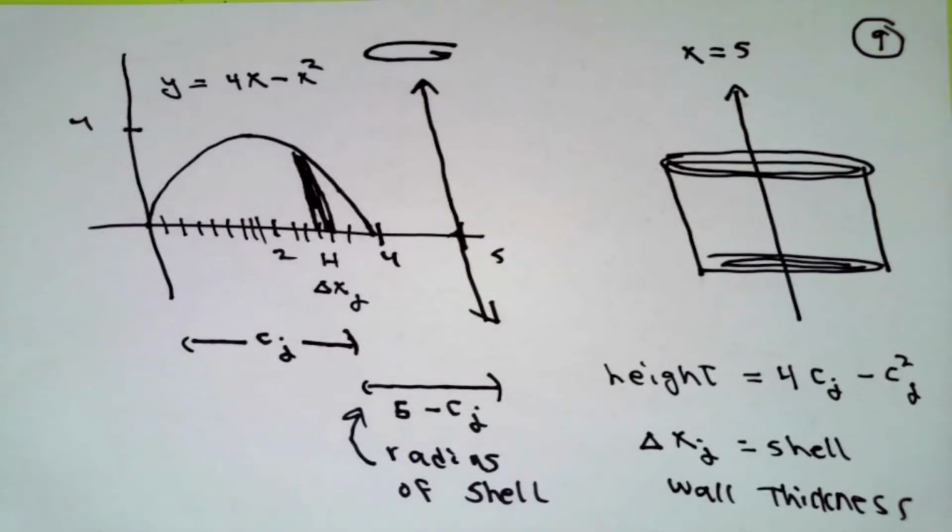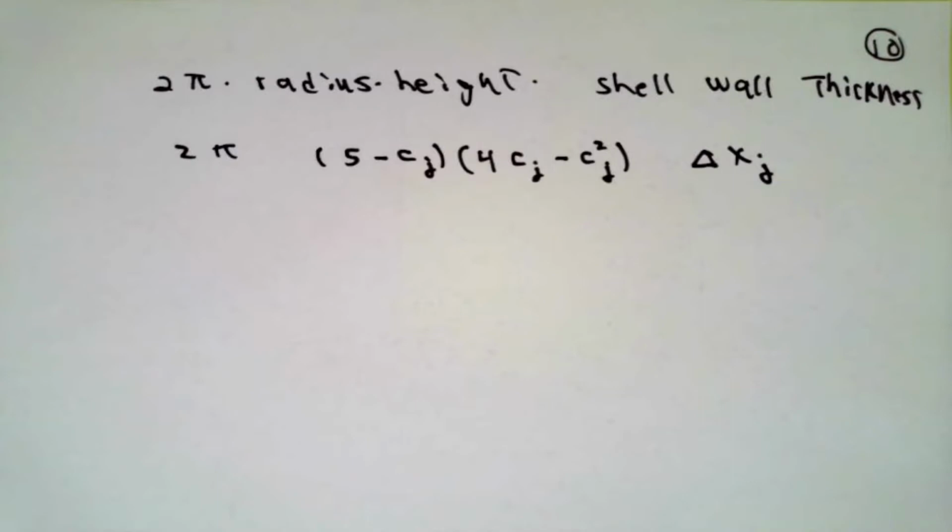And since we've already decided that the shell wall thickness is going to be delta x number j, we know everything we need to know to write our recipe down. The volume that goes with shell number j is approximately 2 pi times 5 minus cj times 4cj minus cj squared times delta x number j. As usual, we're going to add up all of these things and take the limit.